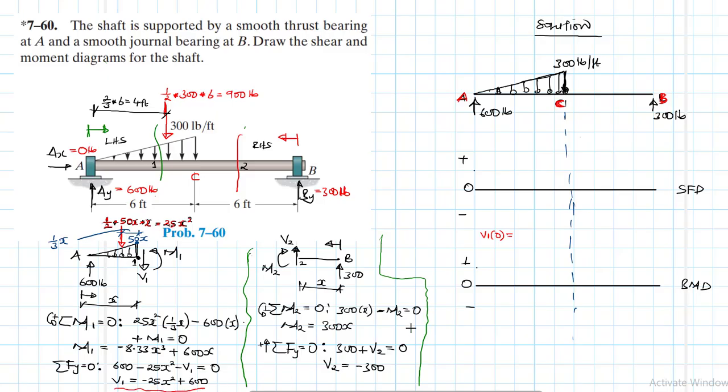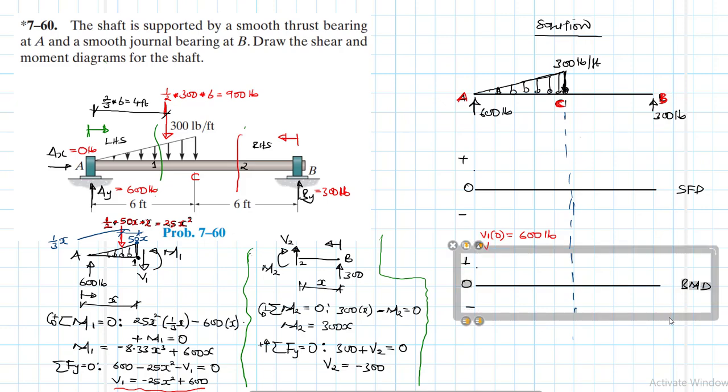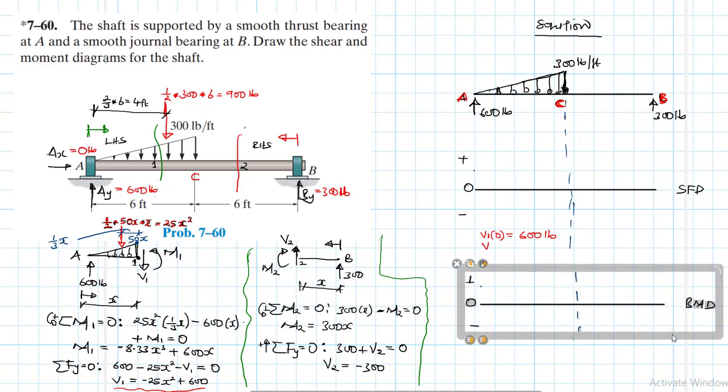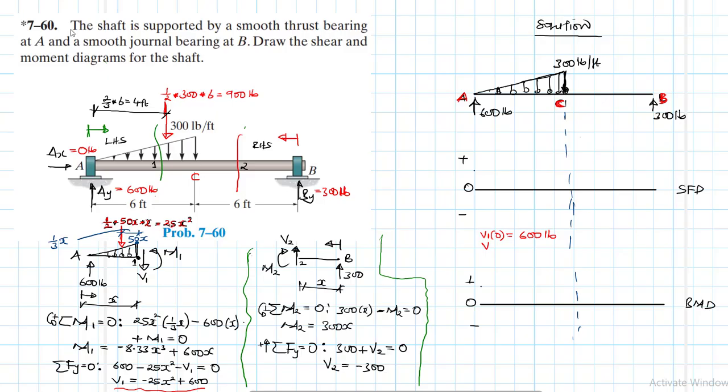Okay, it's a polynomial of degree 2. So we'll have a constant value when X is equal to 0, which is 600 positive. And then, what is V1 when X is equal to 6 feet?